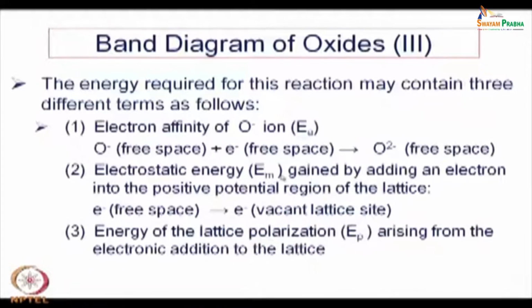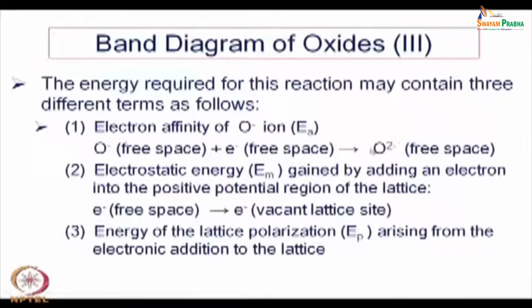So, there are 3 different energy terms: EA, the electron affinity, the energy gained by the system because the negative ion is being added to the positive potential of the lattice, and then there is a polarization because of the addition of a charge to the crystal lattice.